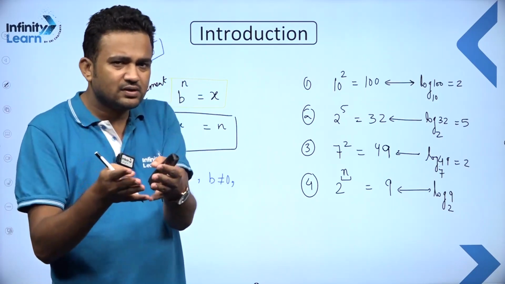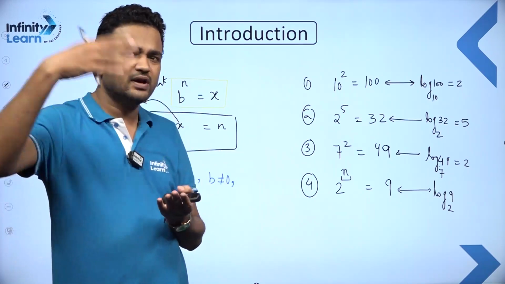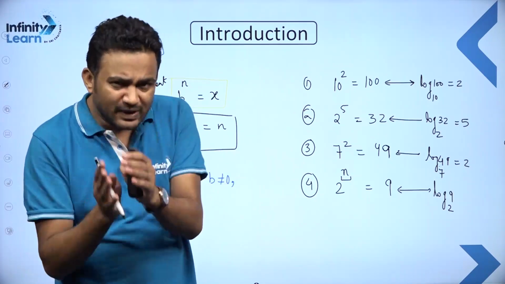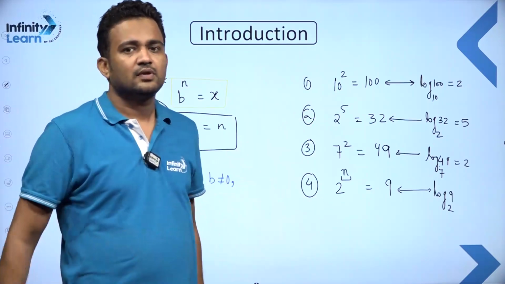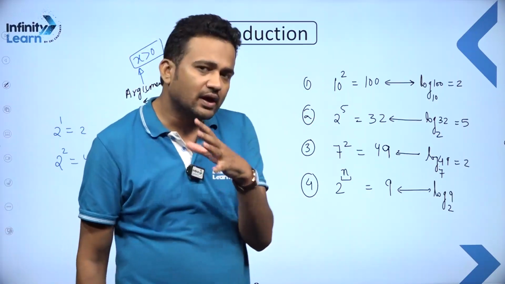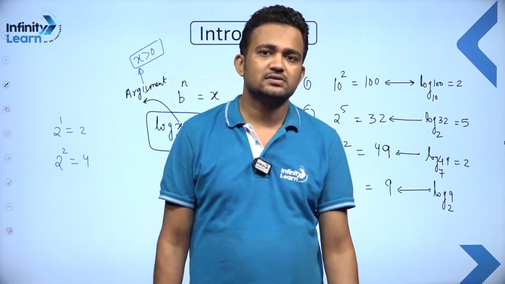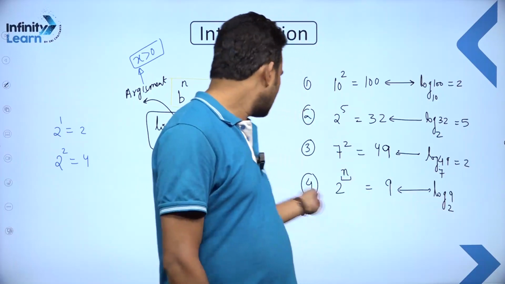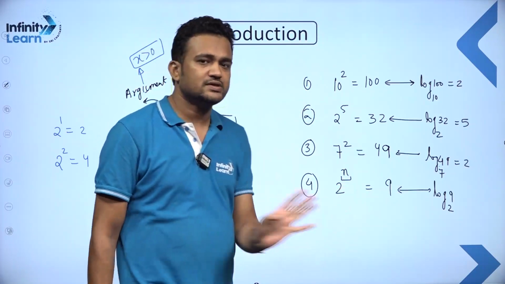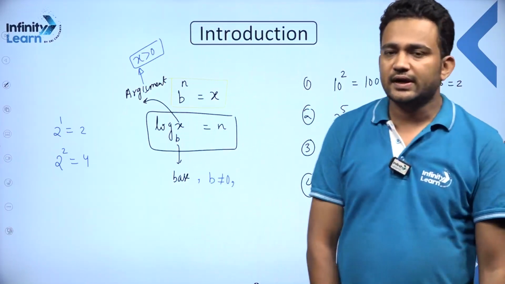Can b be 1? Yes, b can be 1. 1 power anything is always 1. Can b be less than 0? Tell me fast. Can the value of b be negative? Just think and tell the right answer. Yes, base can be negative, right? So b cannot be 0. So hopefully this is clear to everyone, right guys?